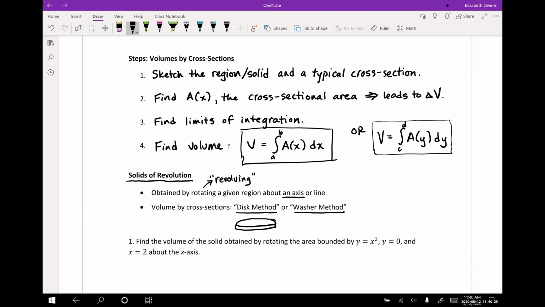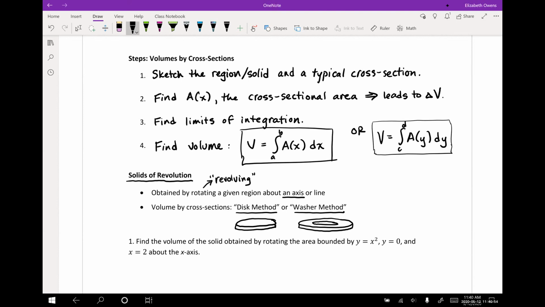There's nothing cut out of it. With the washer method, that's when your solid has a hole going through the middle of it. So it looks like a washer when you take the cross section. Washers are like the nuts, bolts, washers, that type of thing in construction. So there's a hole taken out of the middle of this one, like a big flat donut.